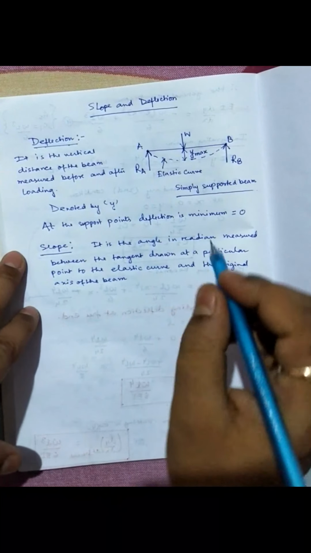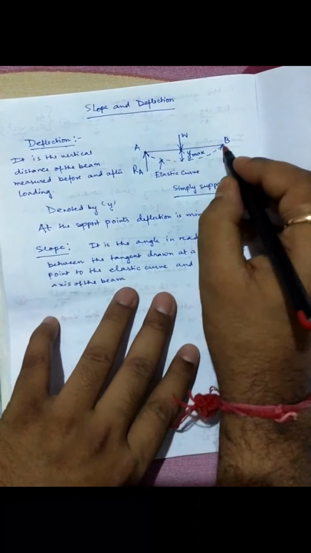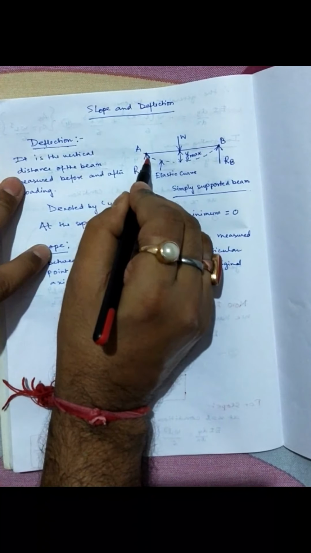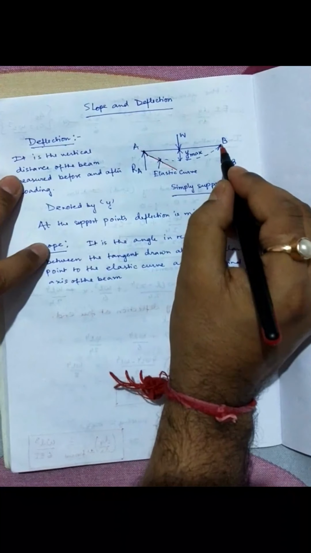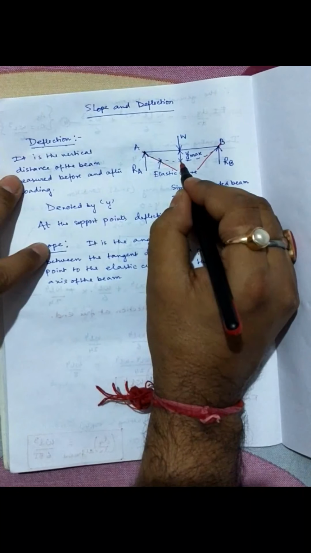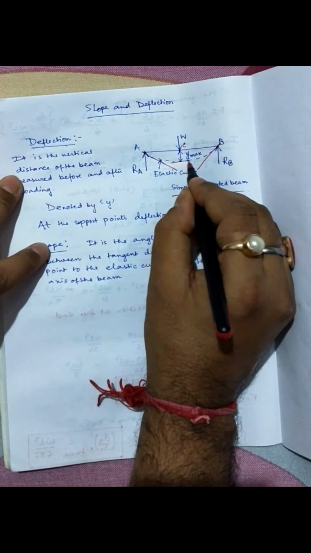Now, to denote the slope in this diagram, let us draw a tangent at point A. The tangent will look like this. The tangent at point B will look like this. If you consider this point to be point C, the tangent will be this.